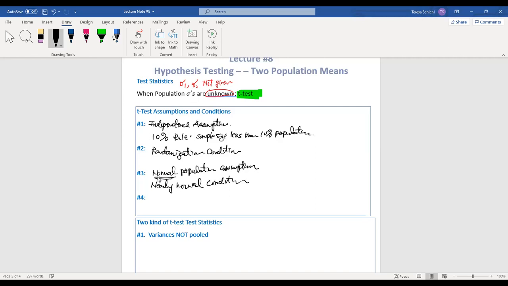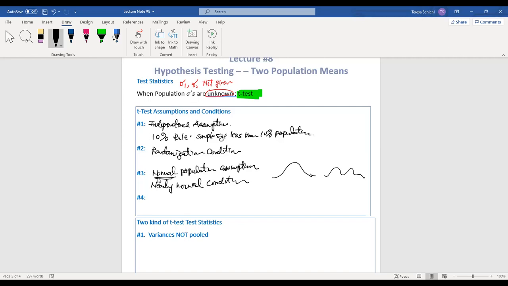That means as long as the population is not too far away from the normal distribution, which is symmetric and has a single peak, and is close enough to the normal distribution, then the t-test will work very well, okay?